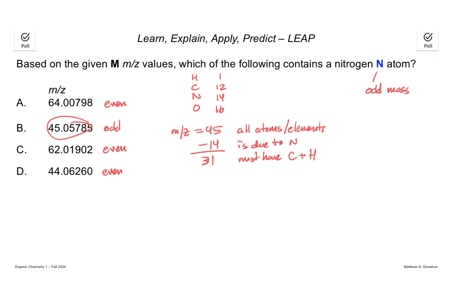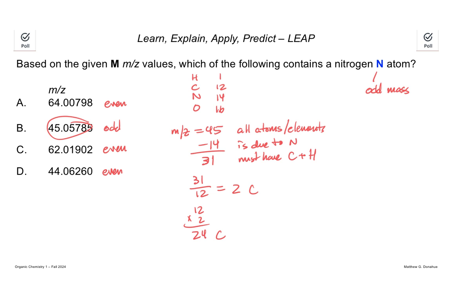Then we follow what we started the lecture with. 31 divided by 12. So we know just by looking at it, it can't be 3 because 12 times 3 is 36. So this number is going to limit us to 2 carbons. So 12 times 2 gets us 24.